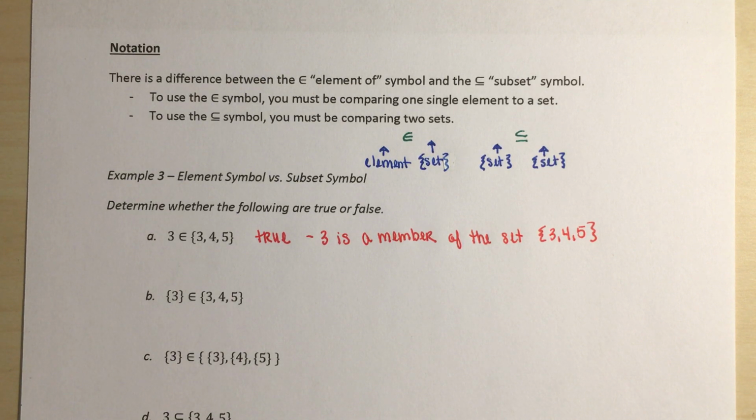Now if we compare A to B, notice that we've done the same thing. We've just put our first 3 in braces. So what this is asking is: is the set containing 3 an element of the set containing 3, 4, and 5?